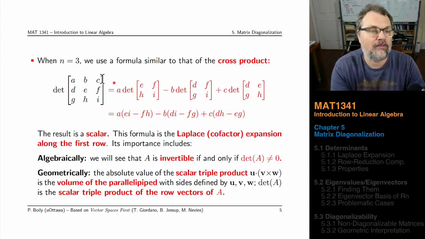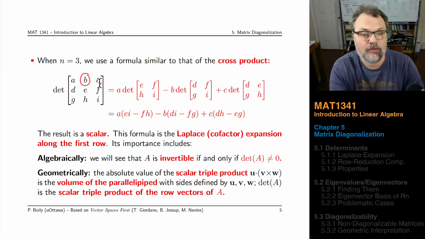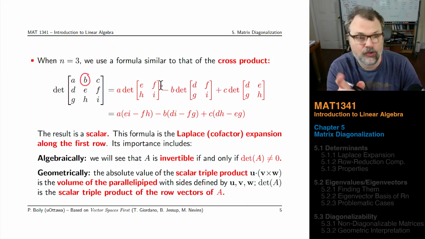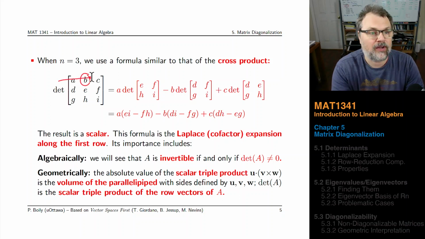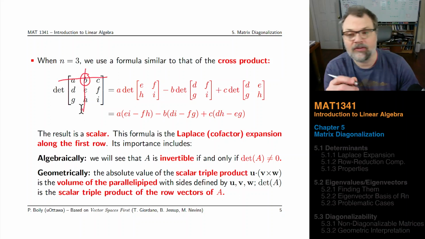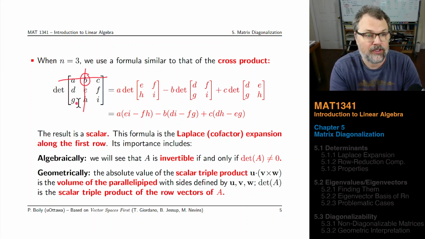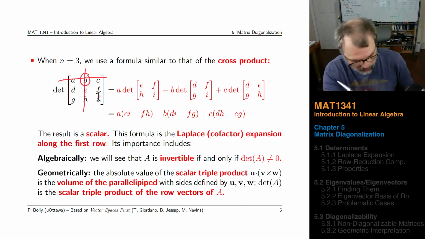You also have to move on to the next entry in your first row, which turns out to be B. Because it's not the first or the third or the fifth entry, you have to have a negative sign. Whenever you have the second, fourth, sixth entry, you have to have a negative sign. We'll talk about this again very shortly. Once you've identified that, you remove everything in the first row, second column, and compute the determinant of what's left: D, F, G, and I. And you're not done.